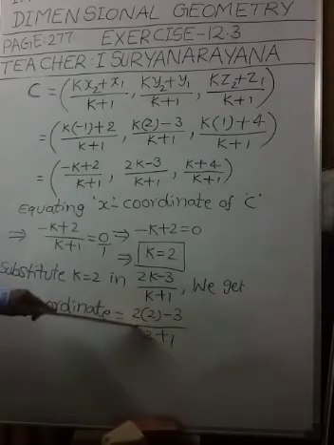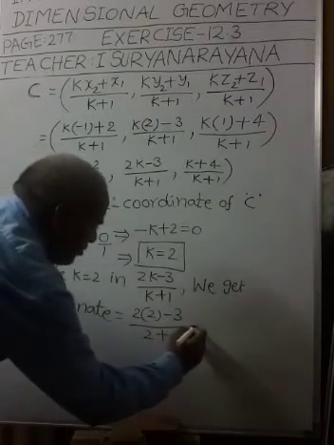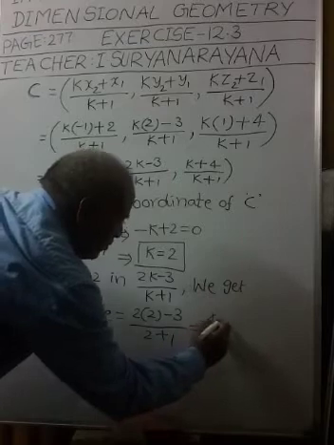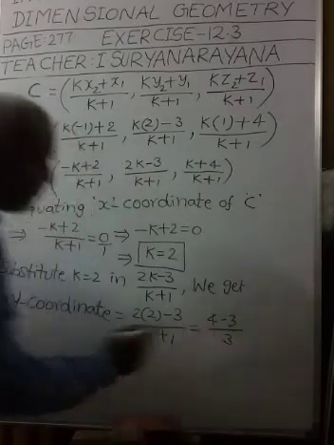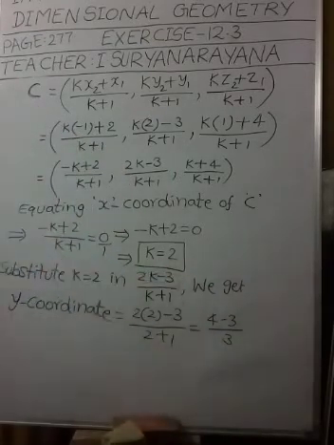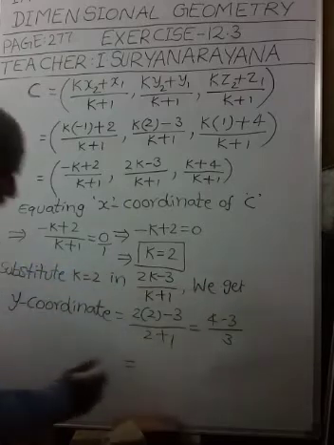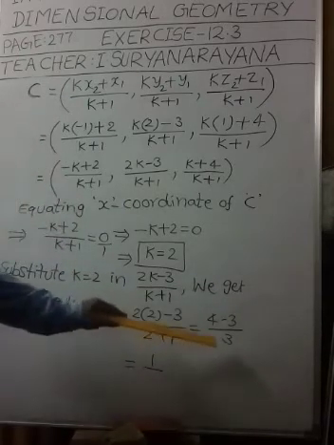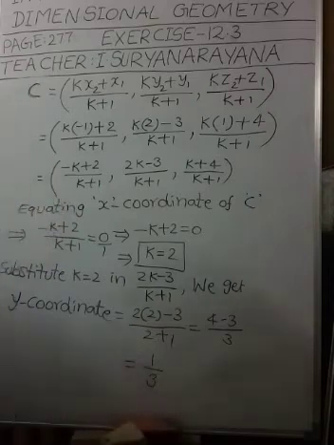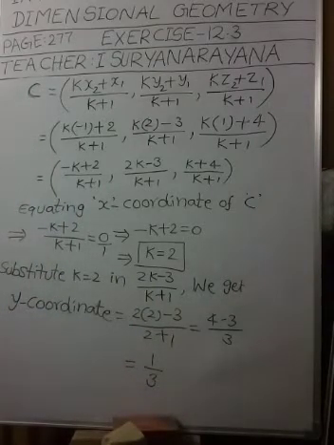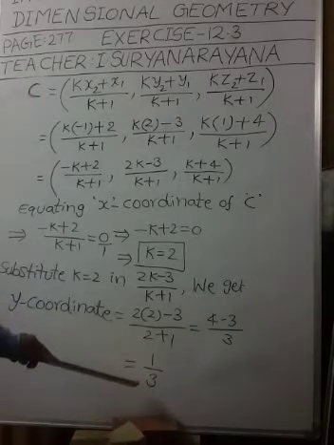Understood this step? Right. That is equal to, in the numerator, 2 twos are 4, minus 3, by 3. In the numerator, 4 minus 3 is 1, by the denominator 3. So we got the y coordinate as 1 by 3. What is the actual y coordinate of the point in the given question? 1 by 3 only. Okay, my children?